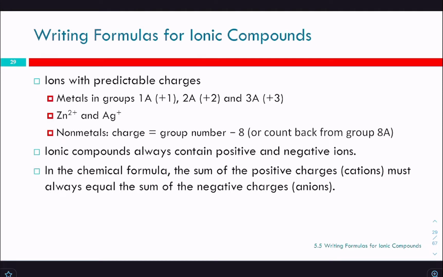There are a couple other ones that aren't so easily identified with a column. That's zinc and silver. Zinc has a 2+, and actually cadmium also has a 2+ predictable charge. And then silver is 1+. So that forms like a little triangle. I'll draw it on here.